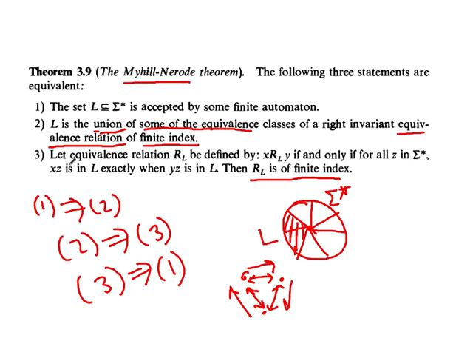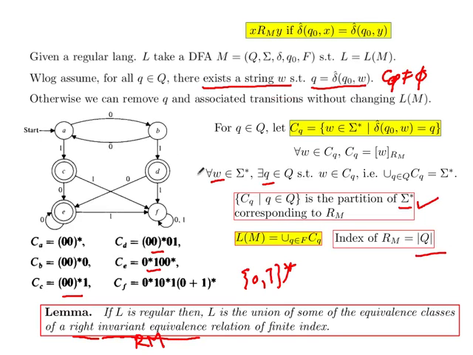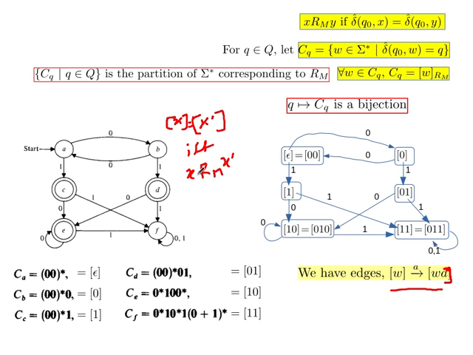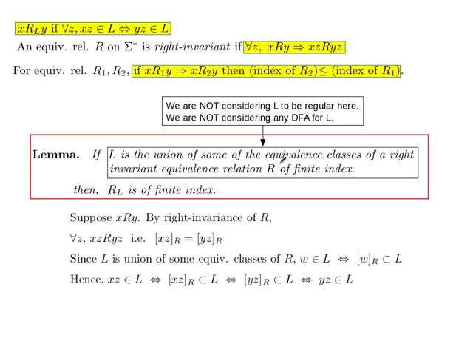What we have for this 2 to 3 part is that if L is the union of some equivalence classes of a right invariant equivalence relation R of finite index, then RL is of finite index. I cannot say that this R is RM because there is no M here. It just says that it is a union of some equivalence classes of a right invariant equivalence relation R. Then we prove that RL is of finite index.